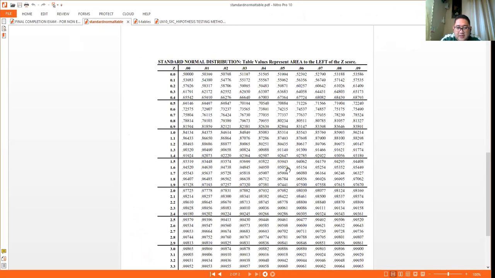ito is greater than 0.95. Ito is less than 0.95. Tama ba? Okay, so let me check. 0.95 minus 0.94. Saan yan? 0.9495. Okay, so alin ang mas maliit?